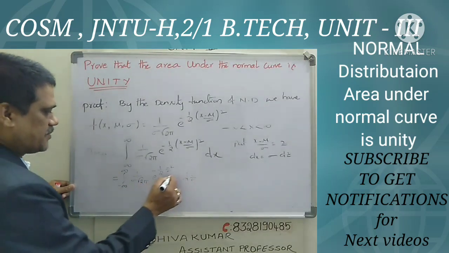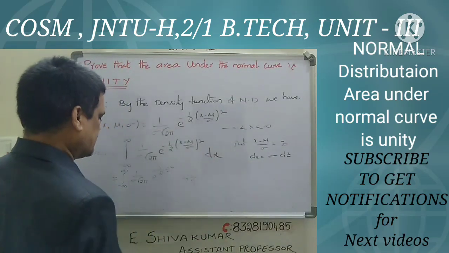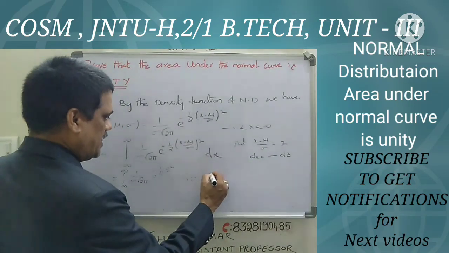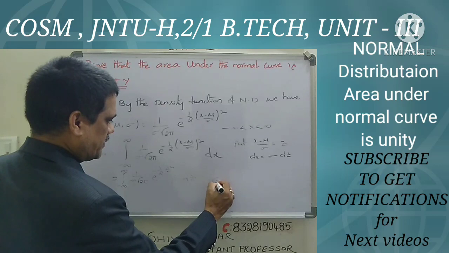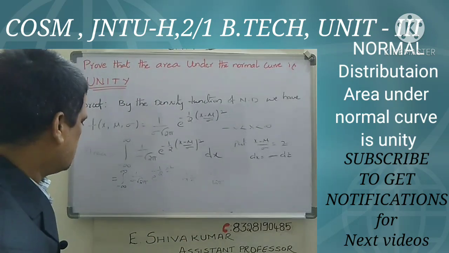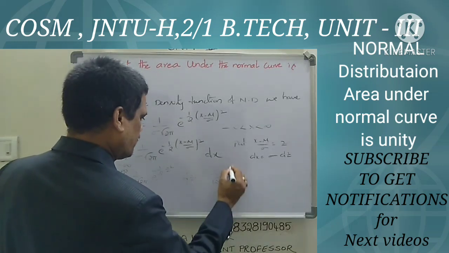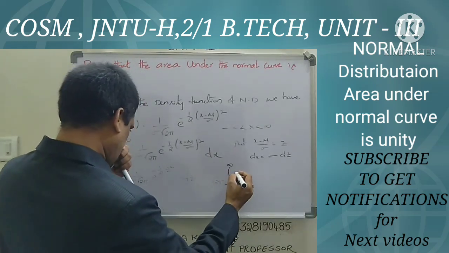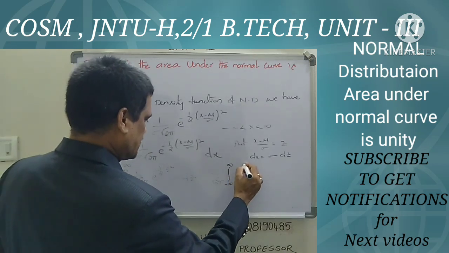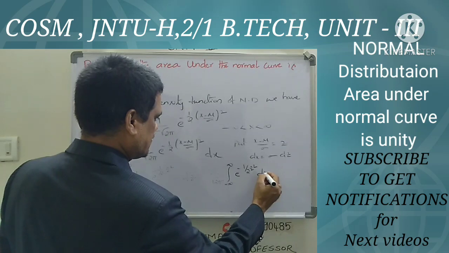So here sigma cancels. What is left over here? The constant is 1 by root 2 pi. Then integral minus infinity to infinity of e power minus 1 by 2 into z square into dz.